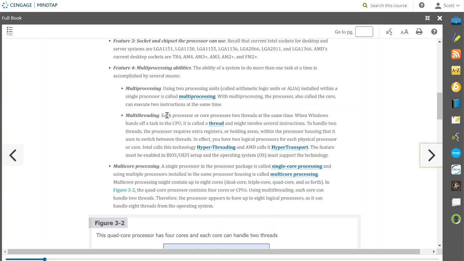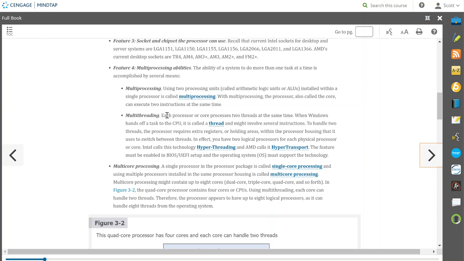Multi-threading is any one given person in the office can perform more than one task at a given time. The tasks, when it comes to the processor, are called threads. The system sends tasks to the processor to perform, and they are called threads. If you can handle two threads at a time, you are multi-threading.